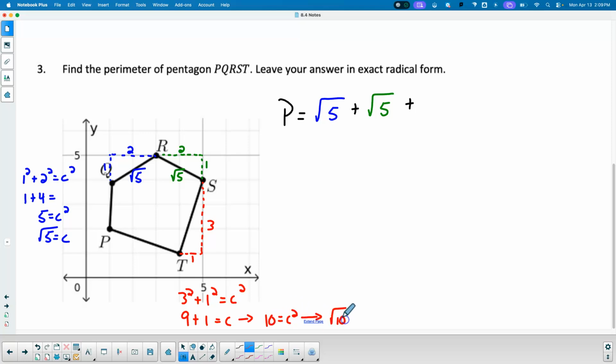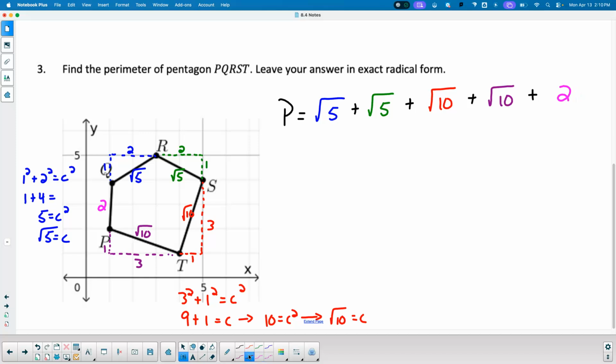So that's going to be the square root of 10. This one here is 3 and 1. So that's going to be the same there. So that one also will be the square root of 10. And lastly, this one is 2, because we can just count that one.